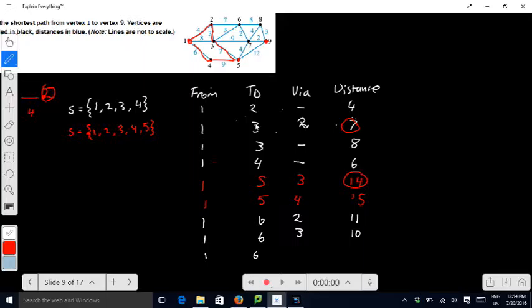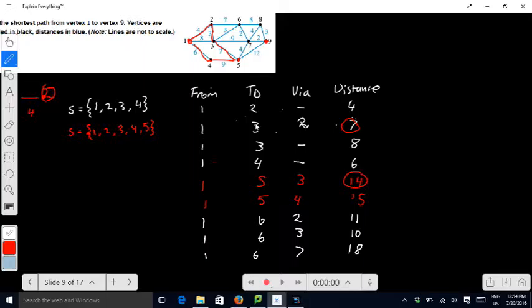1 to 6, but I might go through 7 instead, because we can go from 1 to 2 to 3, and then from 3 to 7. So 4, 7 plus 9 plus 2 is 18. So I'm going 1 to 2, 2 to 3, 3 to 7, 7 to 6.